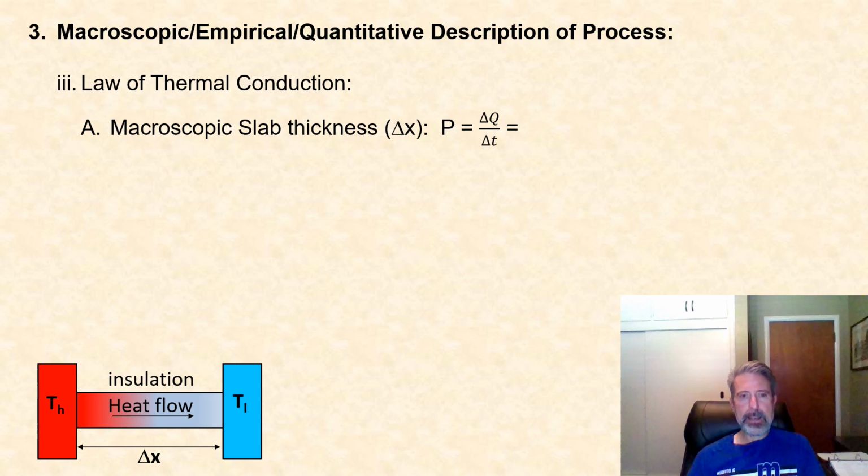For a macroscopic slab thickness, which is what I'm showing you again on the bottom left-hand portion of your screen, macroscopic slab thickness delta X, the power, the rate at which internal energy is transferred by this method called thermal conduction, the empirical law looks like this: minus K A delta T over delta X, where K is a thermal conductivity constant, A is the cross-sectional area of the slab, delta T is the temperature difference between the high temperature reservoir and the low temperature reservoir, and delta X is the slab thickness.